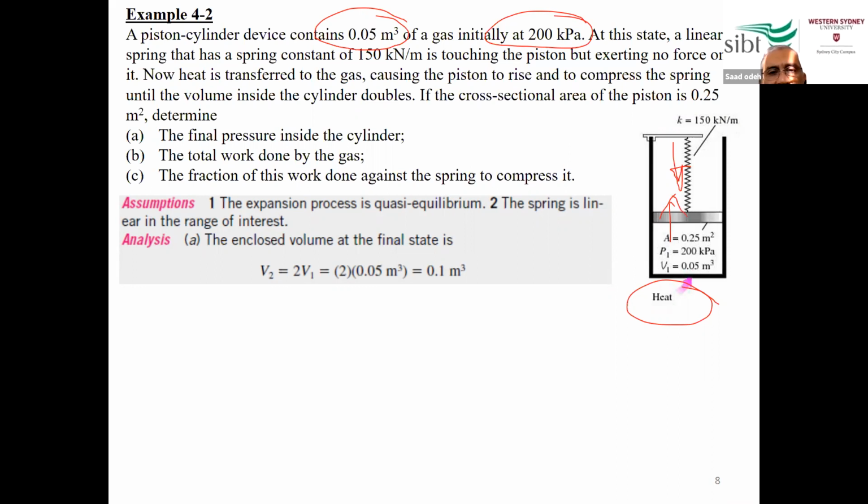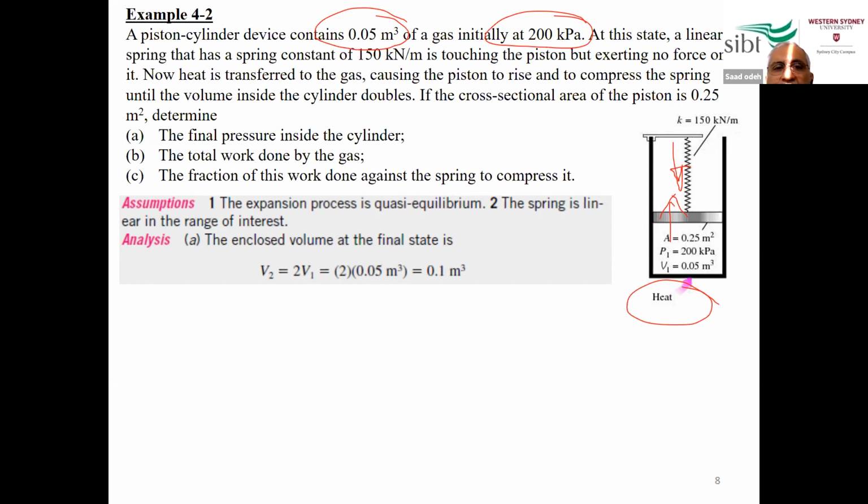So when the gas expands, it has to overcome the pressure of the spring as well. The total pressure at the end should be the pressure of the gas plus the pressure of the spring, because this is the total pressure we have.